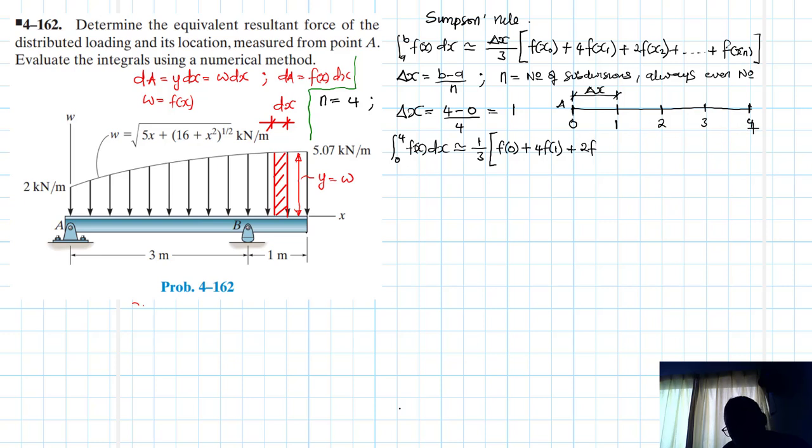Mind you, there are 5 elements. F of 2, plus another 4. Like I said, 4 and 2 keep on repeating. F of 3, and the last one has no coefficient, so we just write it as f of 4, and then we close.